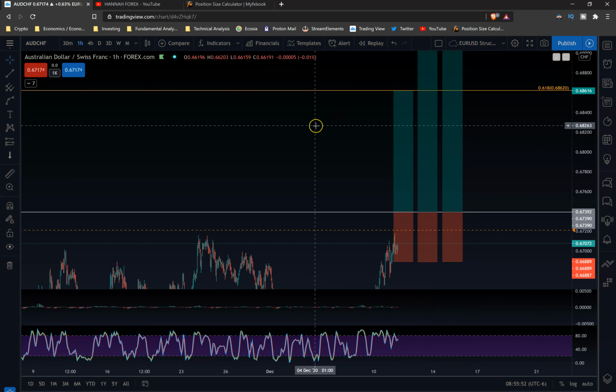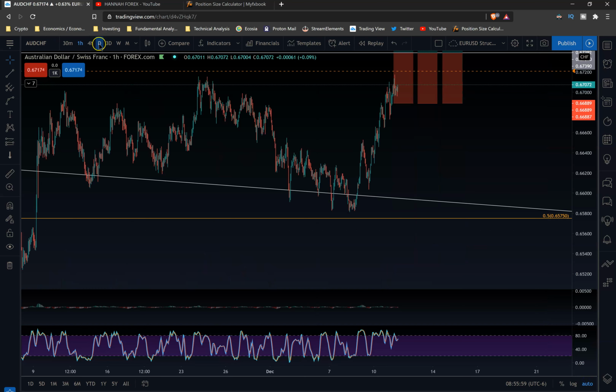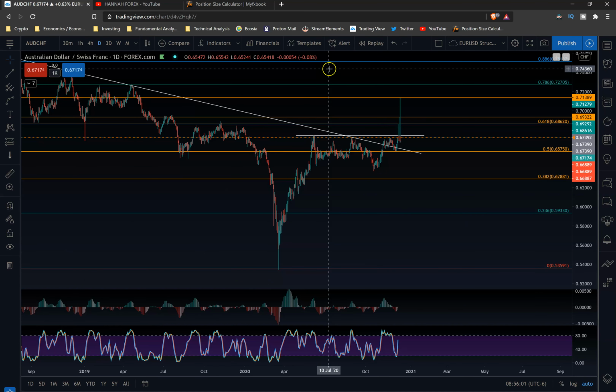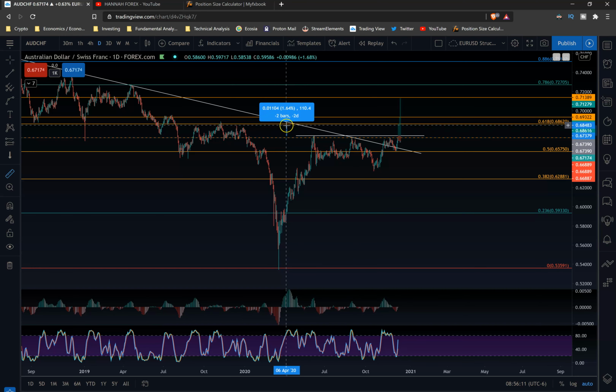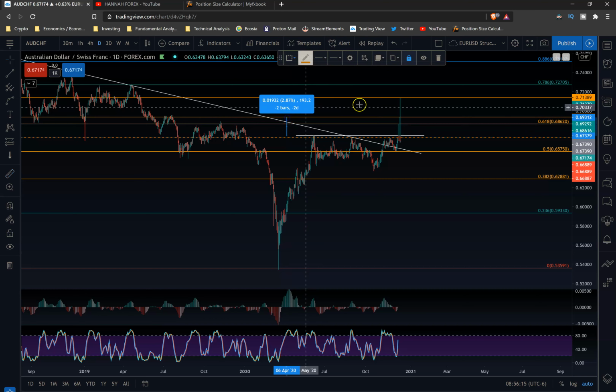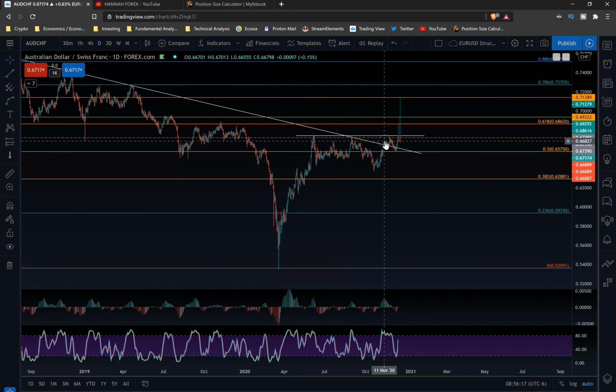My third scale out then would be, let me fix that, would be at that historical support resistance area right here at 193 pips. So on the Aussie Swiss franc, first would be 50, and then 122 pips and 190 some odd pips.